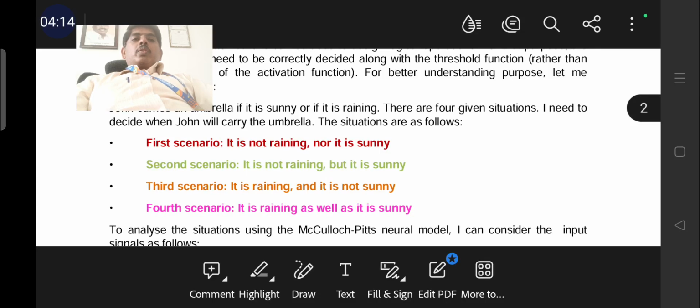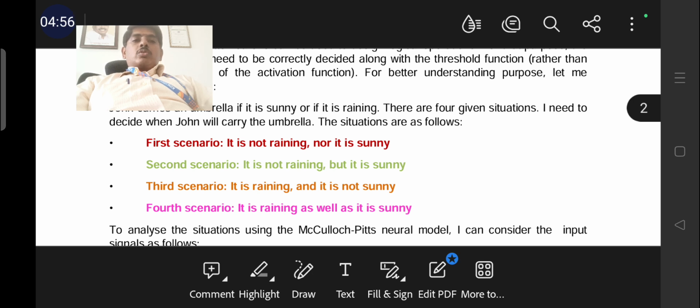The situations are as follows. In the first scenario, it is not raining and it is not sunny. No raining means the input value is 0, and no sunny means the input value is 0. There are two inputs here, x1 and x2, rain and sun, and we have to consider these two inputs. In the second scenario, it is not raining but it is sunny.